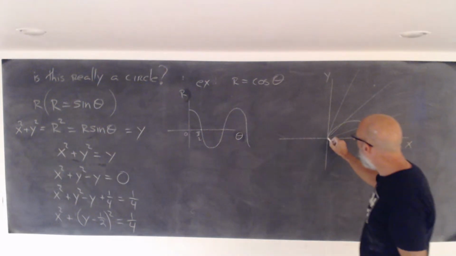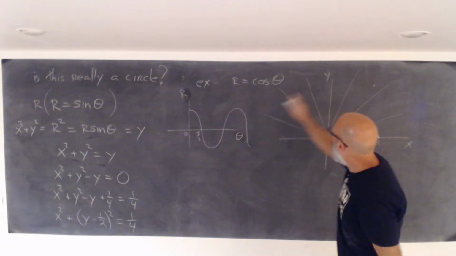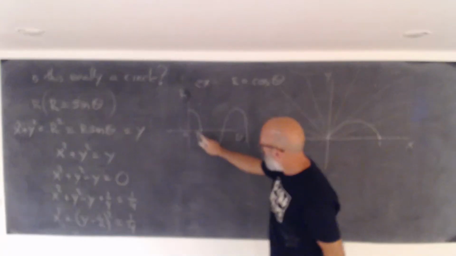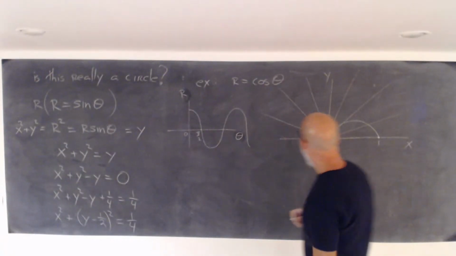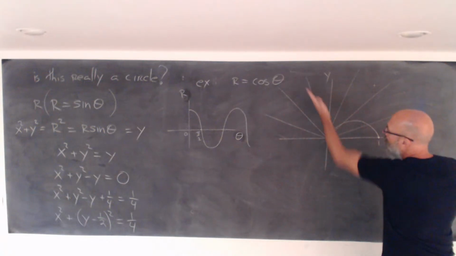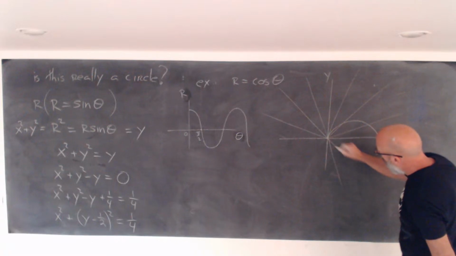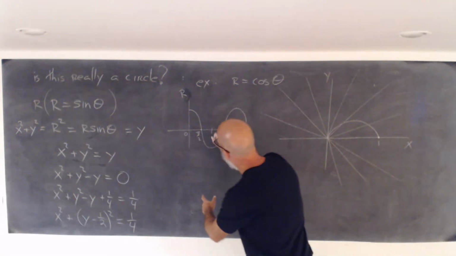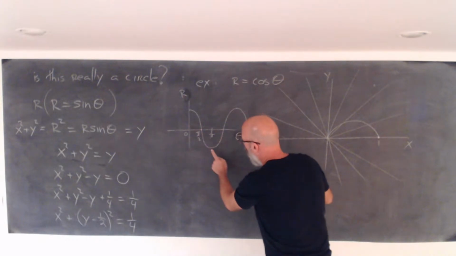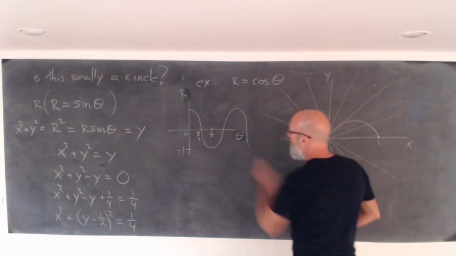And then what? After pi over 2, cosine is negative. So instead of drawing it in the positive direction here, you're going to graph it in the opposite direction. And what is happening? You're going from 0 down to -1 at pi.